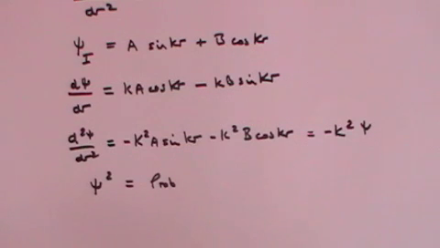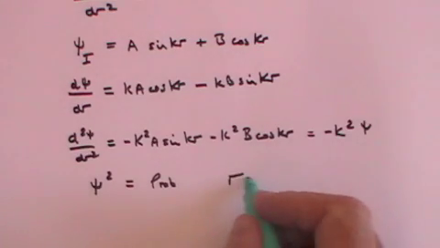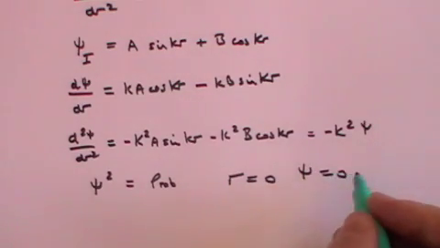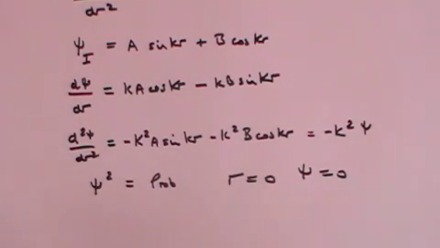So what we're saying is when r equals 0, the probability of two nucleons having a separation of r equals 0 must be 0, otherwise they'd be crashing into one another, and therefore at r equals 0, psi must equal 0.